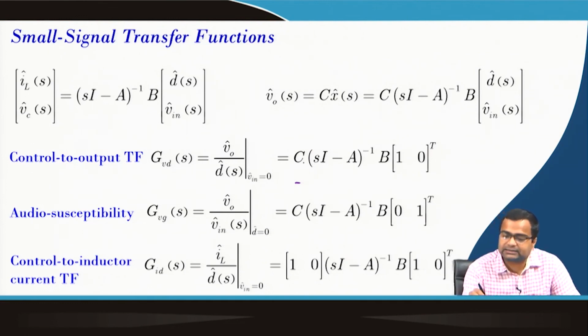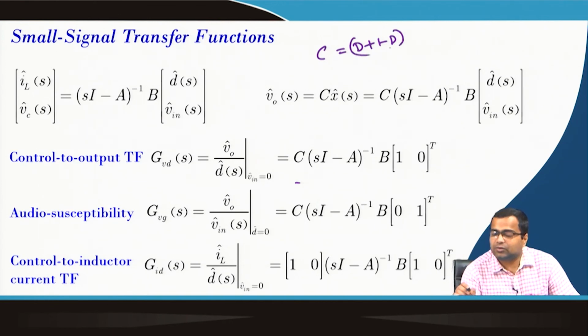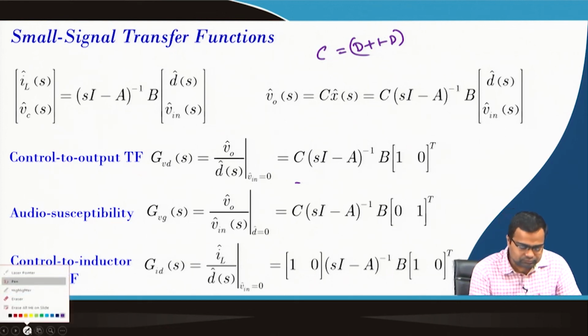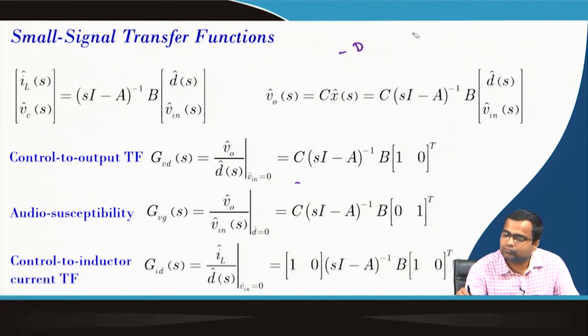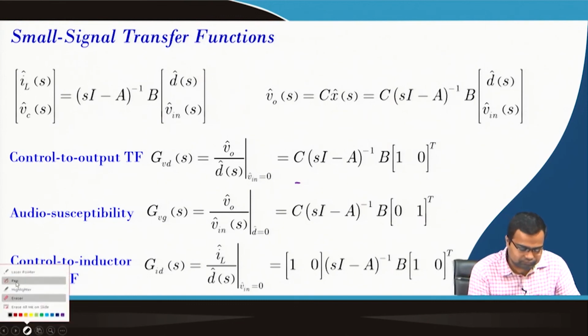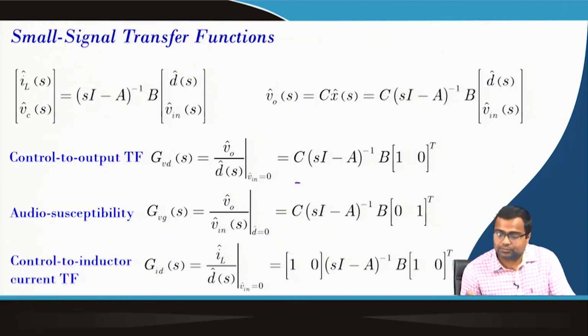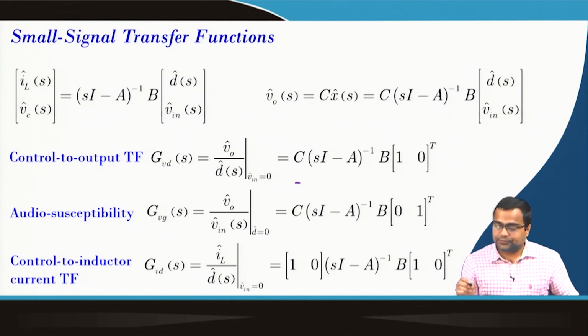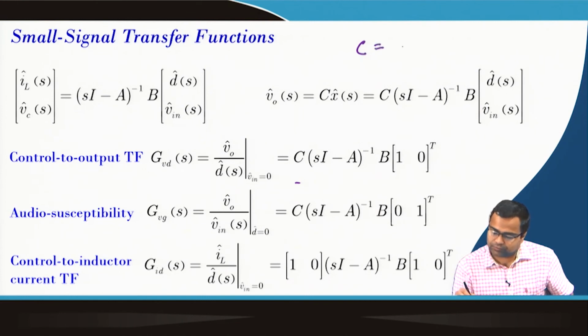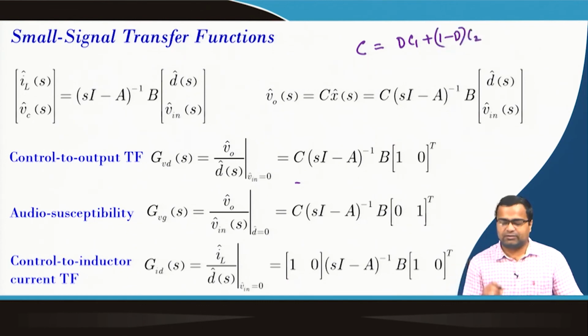Here the C matrix is the equivalent C matrix. The same matrix that we obtained was C equal to D into C1 plus 1 minus D into C2, that we can find out.